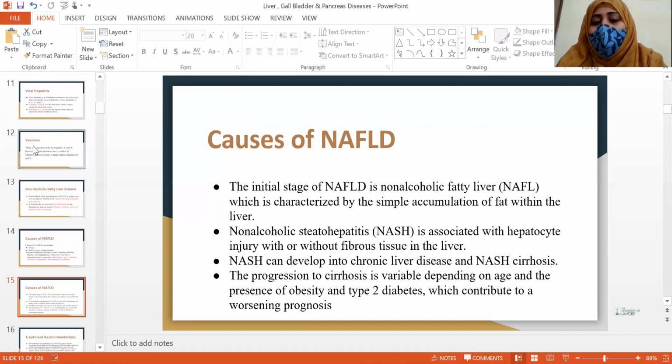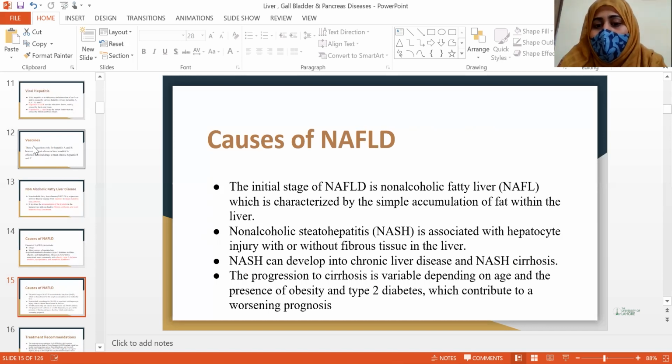The initial stage of non-alcoholic fatty liver disease is non-alcoholic fatty liver, which is characterized by the simple accumulation of fat within the liver.